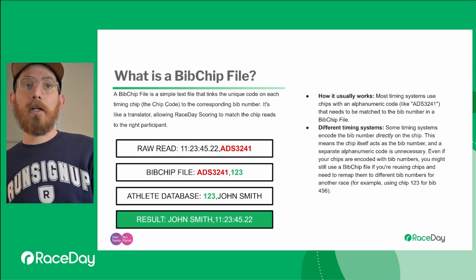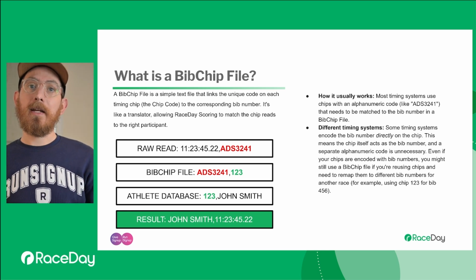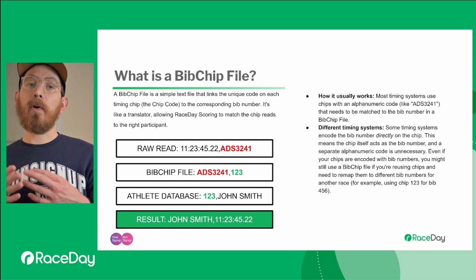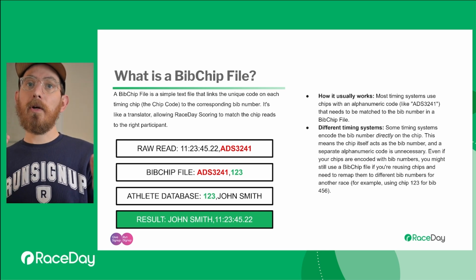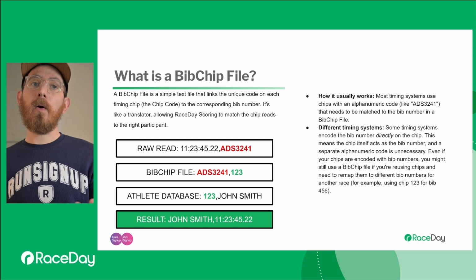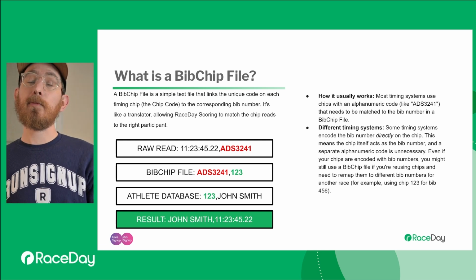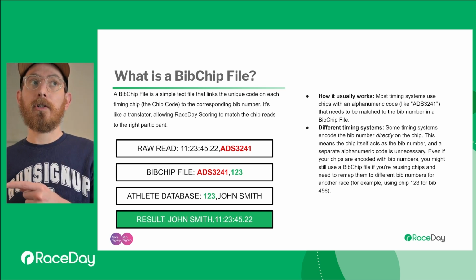That's helpful. The final one is the database, the athlete database, and it knows that bib 123 was worn by John Smith. And what the bib chip file allows us to do is translate from just the transponder number to the participant. So now we know that John Smith had a time at 11:23:45 because we could follow that chain from raw read to transponder number to bib number to registration data.